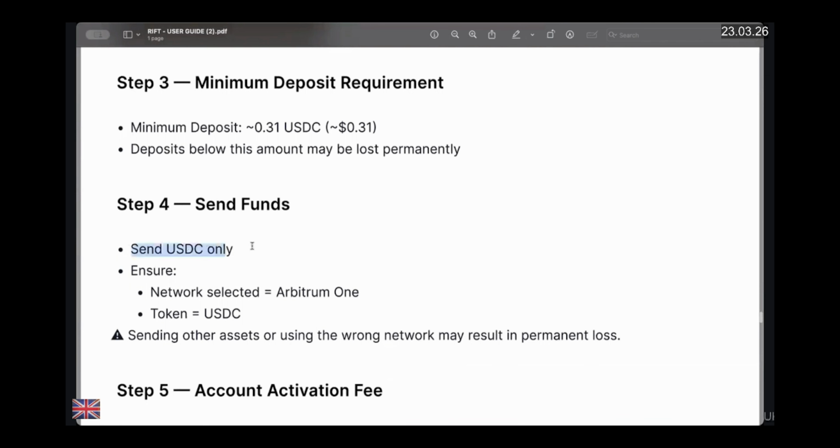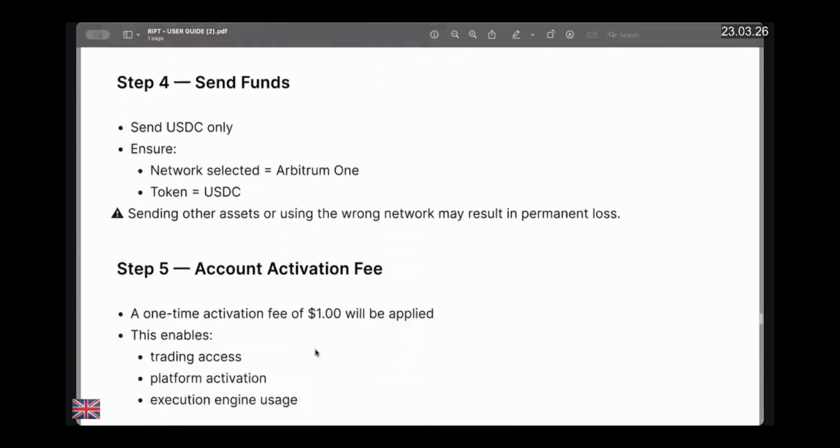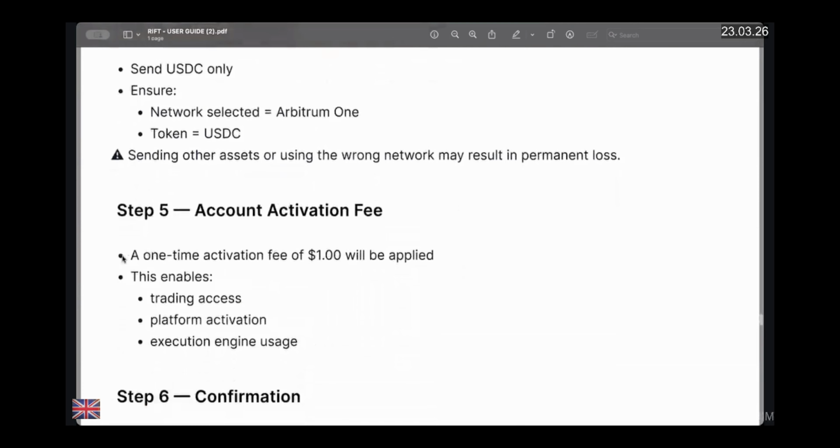You can send USDC only, and you must ensure that it is the Arbitrum One USDC token. If you send other assets to this address, it will result in permanent loss of the asset. And then there is the $1 activation fee of the wallet that you pay just once, at the time of activation of the wallet.